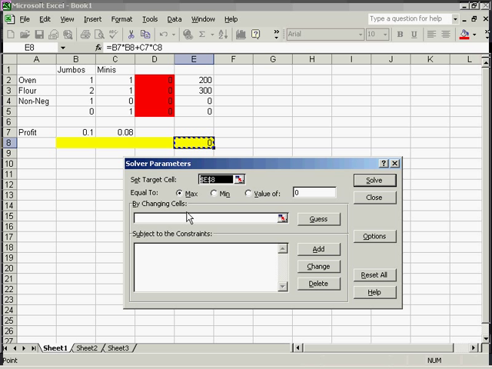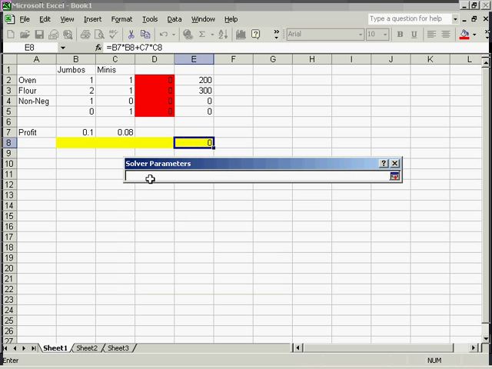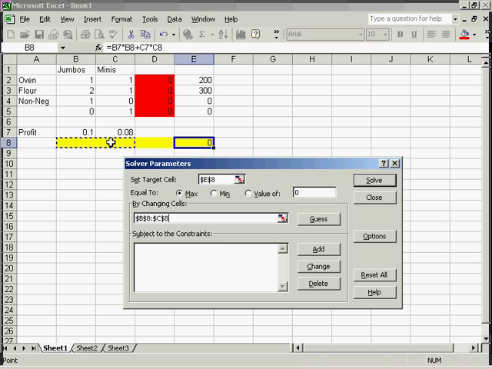By changing cells, I want to change the cells of where my answers are going to be. So I select this icon. My answers are going to be in the first two yellow cells, in this case because I have two variables. And I will then hit enter. So it changes from B8 to C8. That's what I want. You can see it's highlighted up here.